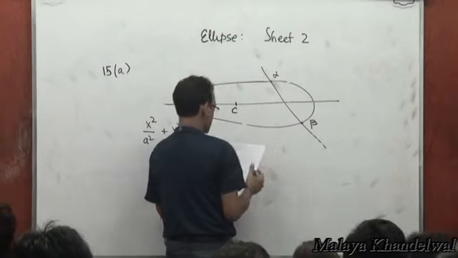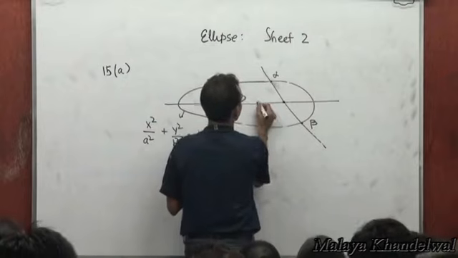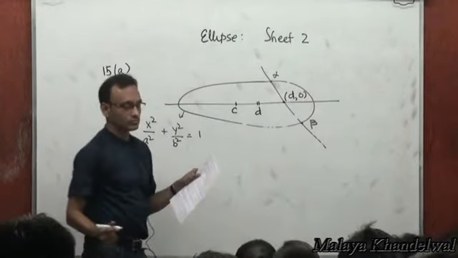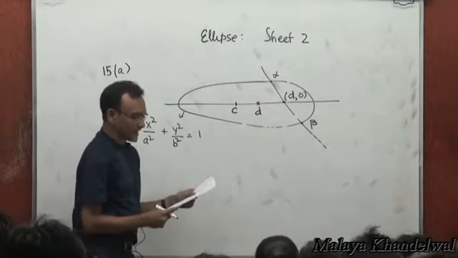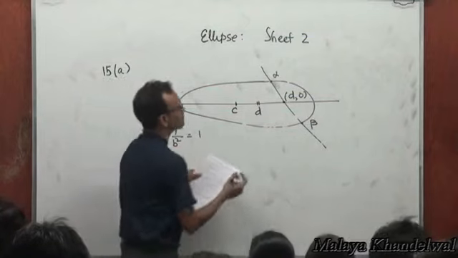This is the center C, and it cuts the major axis at a distance d, let's say at (d, 0). Then I want to show that tan alpha by 2 into tan beta by 2 is (d minus a) by (d plus a). Very simple.